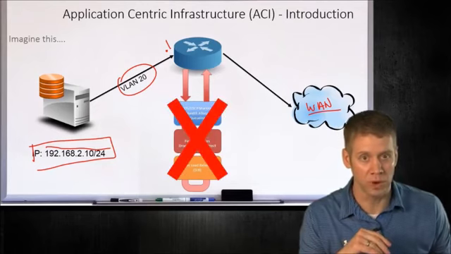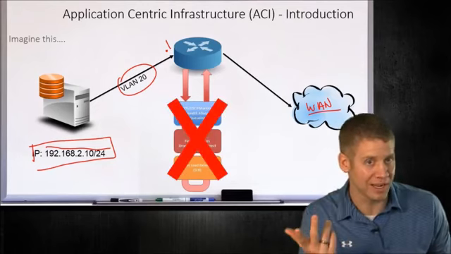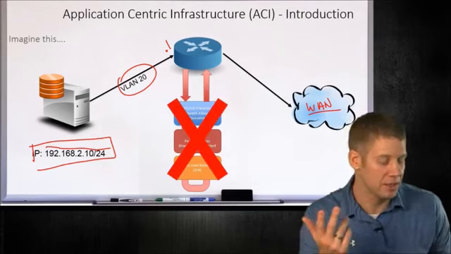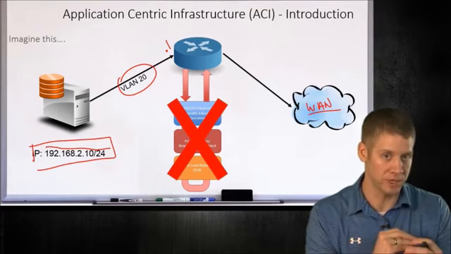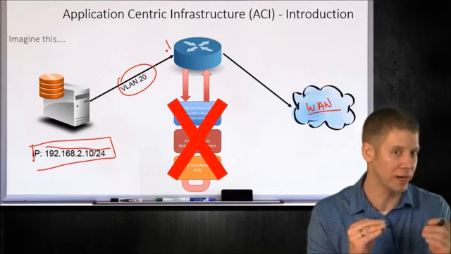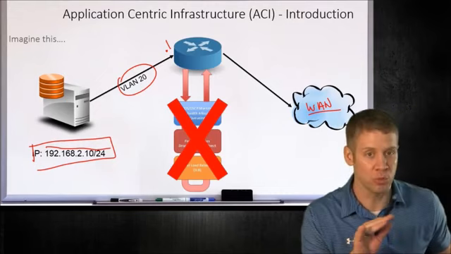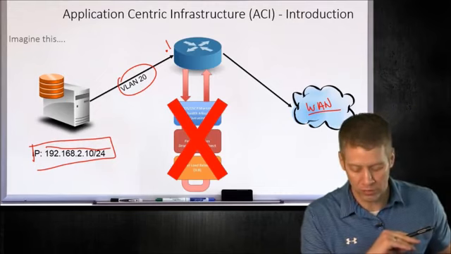It's gone. We either have to redo it or copy it. There's some sort of manual intervention that we need to go in there and do. And again, this has worked fine for years. I know a lot of places that still do it this way. This is what we're trying to change with ACI. And you have to change your mindset a little bit in order for this to make sense.